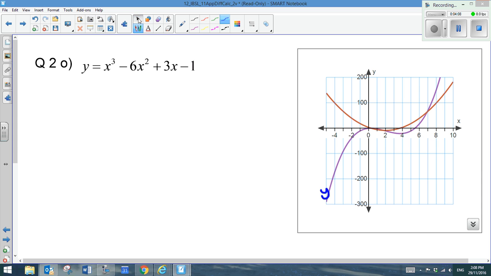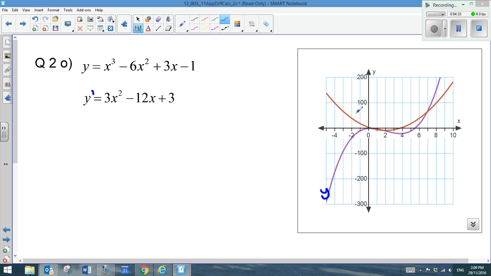What we're looking at is if we took the derivative, which is y equals 3x squared minus 12x plus 3. So we'll call this y prime for the moment.